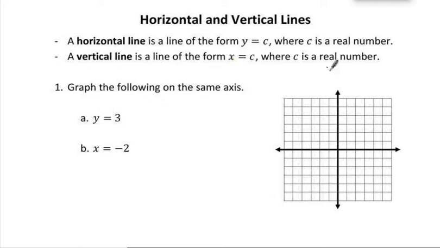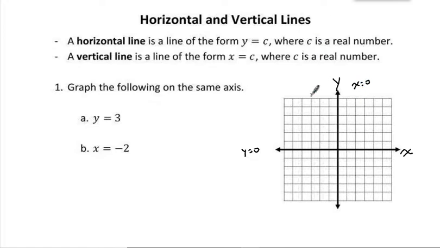This is often confusing for students because the x-axis is horizontal, but its equation is y equals 0. And the y-axis is vertical, but its equation is x equals 0.